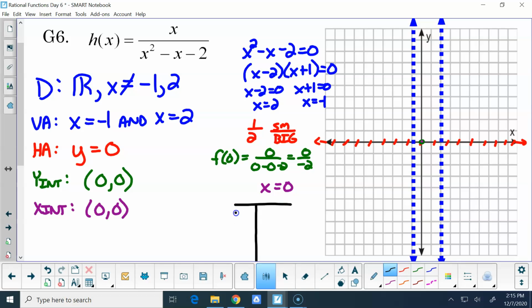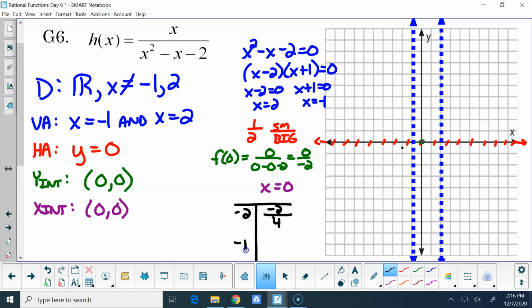Let's try negative 2. Negative 2 would be negative 2 on the top. 4 minus negative 2 is like 4 plus 2, which is 6, minus 2, which is 4. So that's going to be negative 1/2.